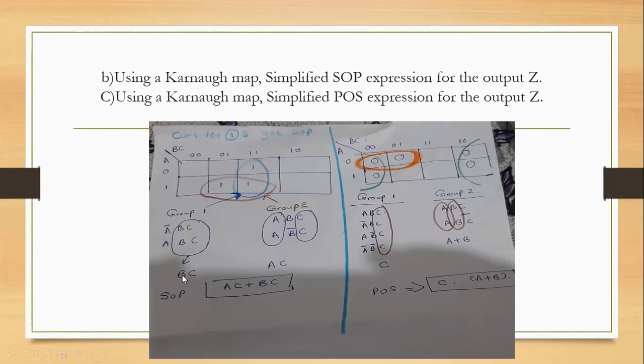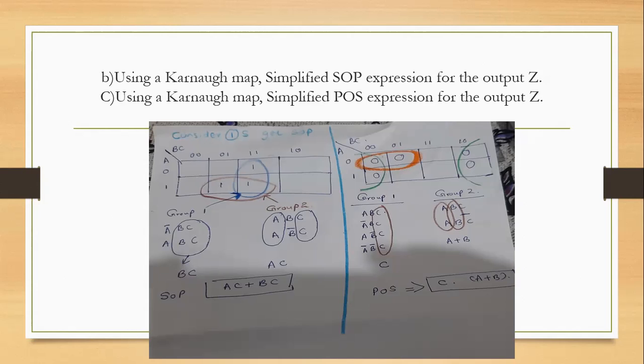Here we can find BC is the common, and here AC is the common. As this is SOP, sum of product, the expression is AC plus BC.